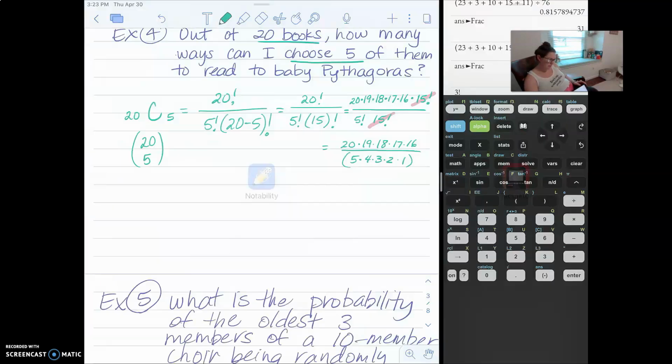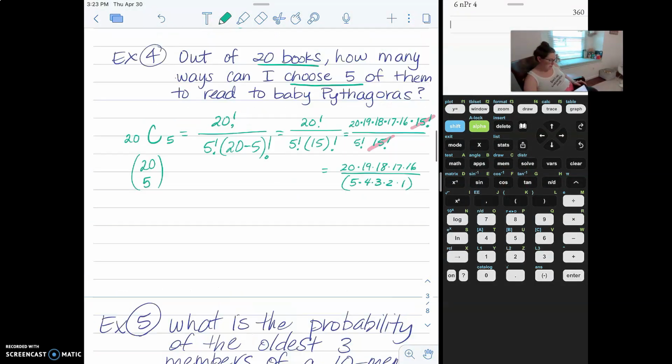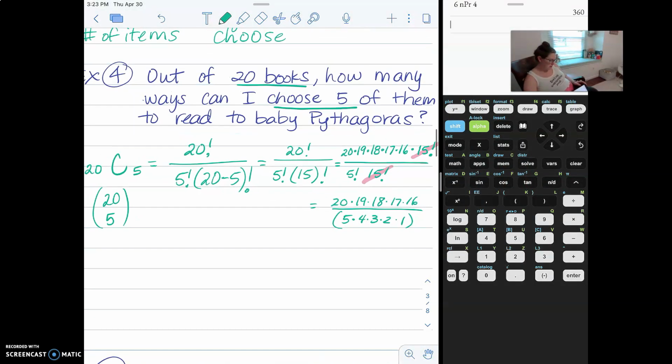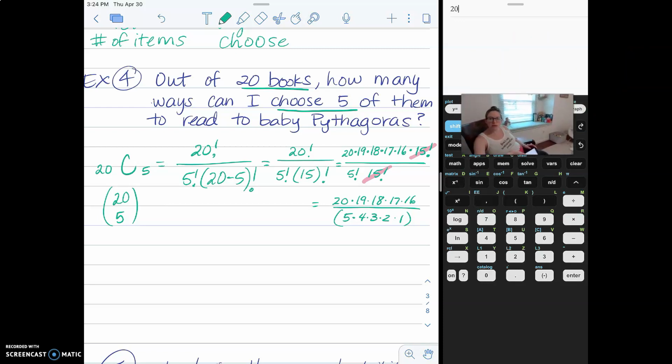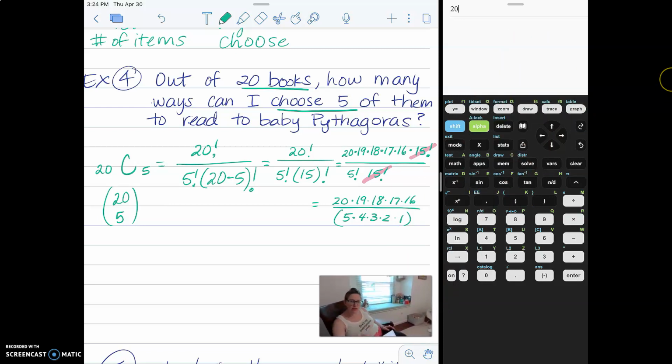Okay, so I have my calculator here, I have my problem here. All I'm going to do is type 20. Let me move this somewhere else. And then you go to math, over to probability. Now look at the third one down.